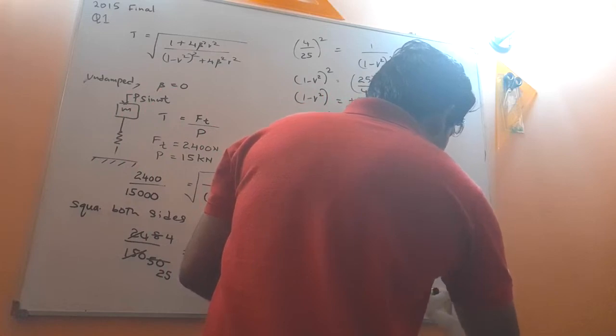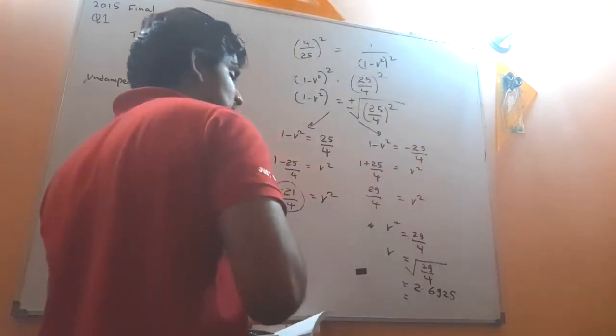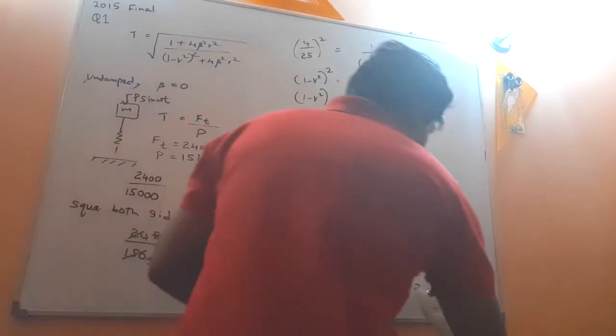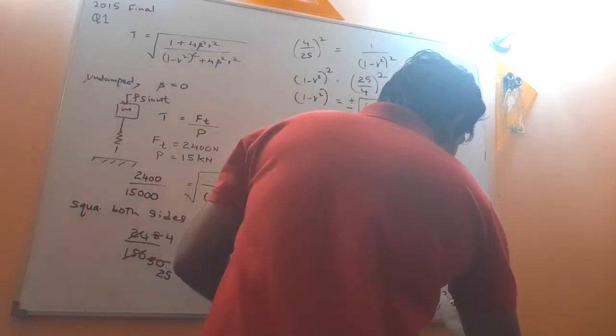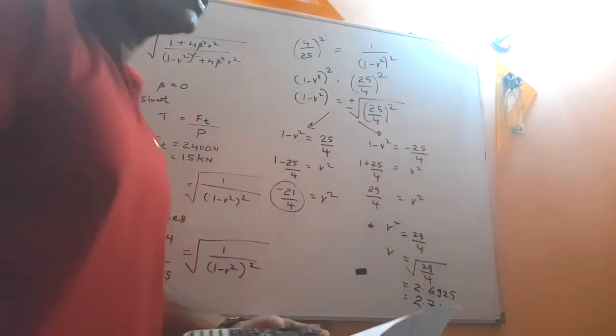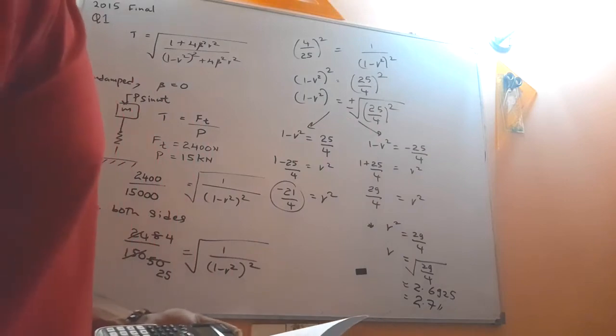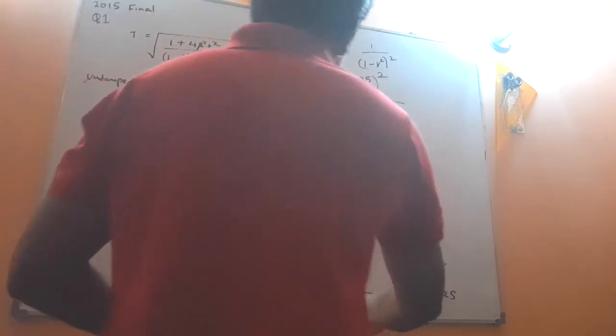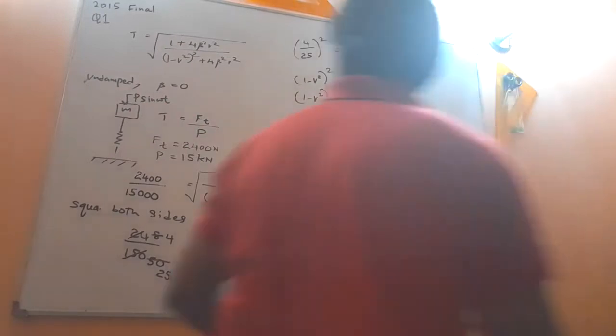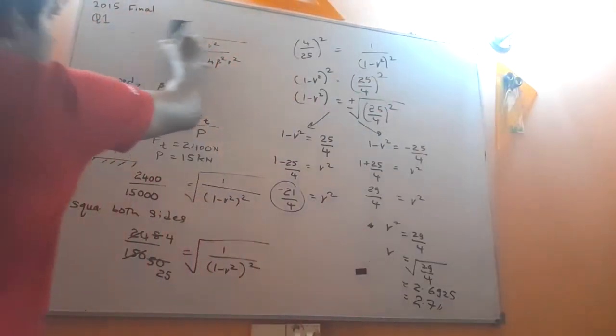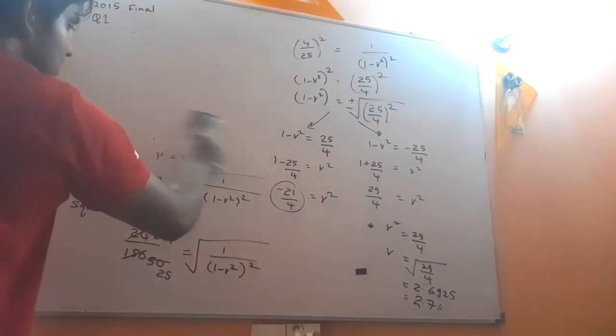So better consider this as 2.7. So 2.7 is the frequency ratio, right? So then from here we can again continue. I will erase this part because I need some space.